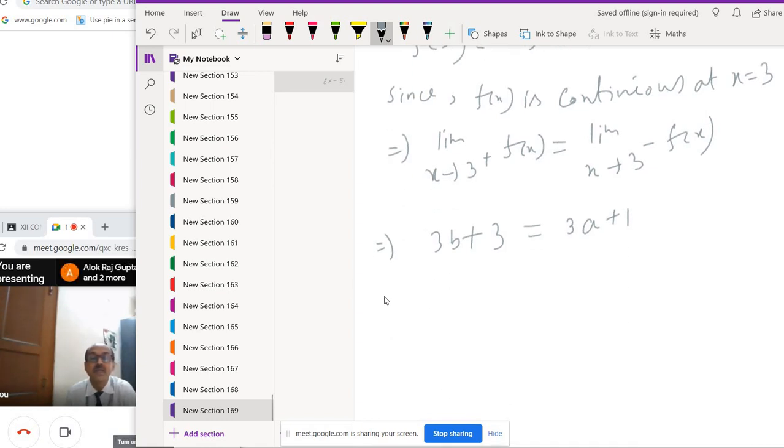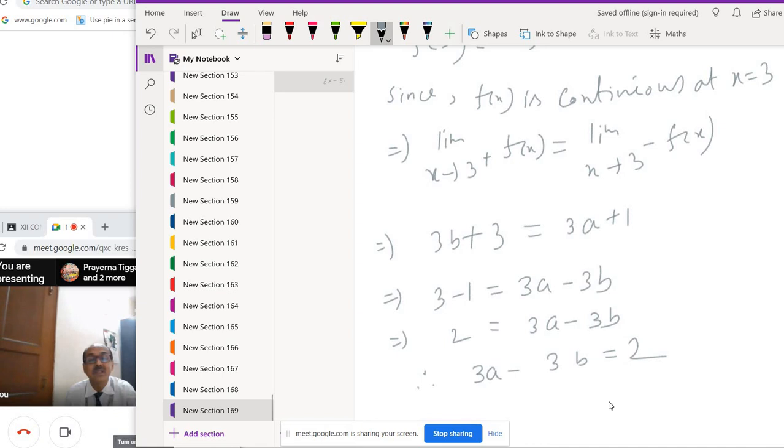Okay, now calculate this to find the relation between a and b. That means 3 minus 1 equals 3a minus 3b, so 2 equals 3a minus 3b. Therefore 3a minus 3b equals 2.